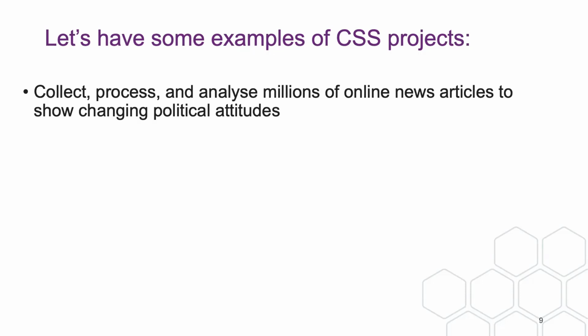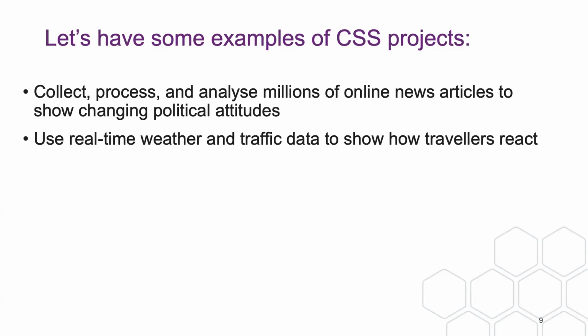But we also have that computer thinking inherent in using a computational method. In this case, it would be web scraping, and that's what we use to gather a massive amount of news articles. We could also use real-time weather and traffic data to show how travelers react to events. For example, maybe you hear that there's a storm that has caused damage to a local town, and you want to look at how people react and how that event is dealt with in real time.